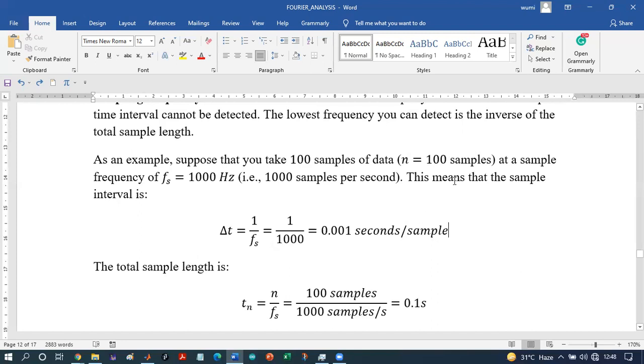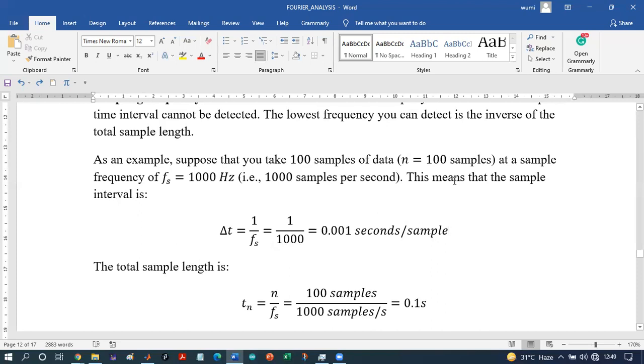Then, if you want to get the total sample length, for instance, maybe this is the signal that you're working with, the total sample length simply means the total time duration for that particular signal.